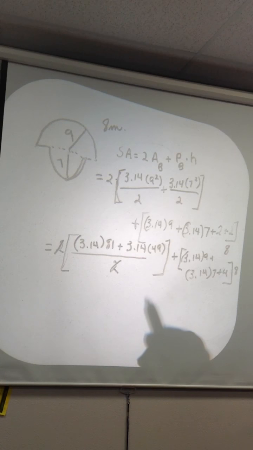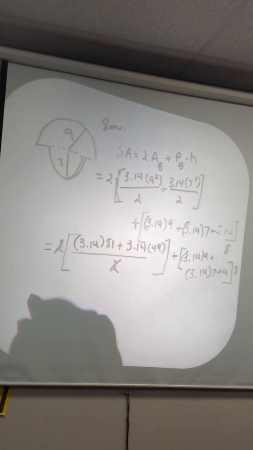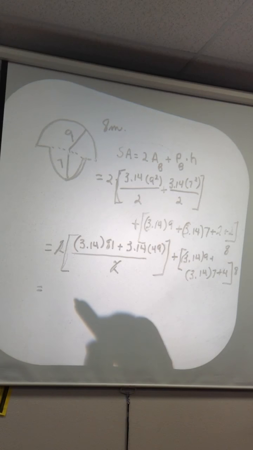So now, on the scratch paper, back of your paper, wherever you're going to do it, but I would not need to see this next step, okay? I want you to multiply 3.14 times 81. Right now.